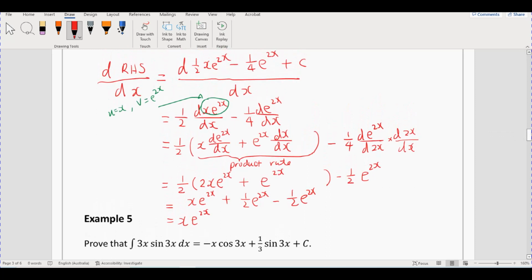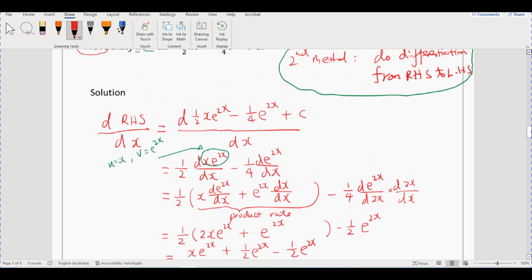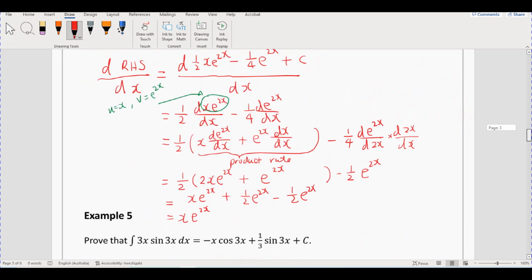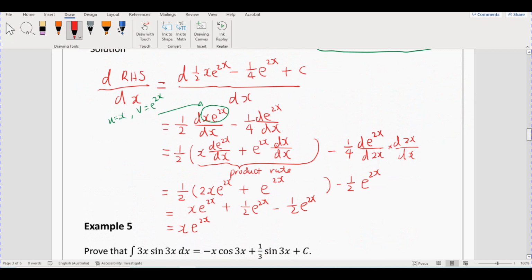So it basically means when you differentiate the right hand side, you get x times e to the power 2x. Okay, so that means if you differentiate the right hand side, you get the contents of that integration. That means x e to the power 2x is just the derivative of the right hand side.